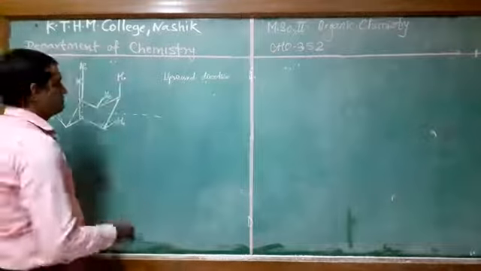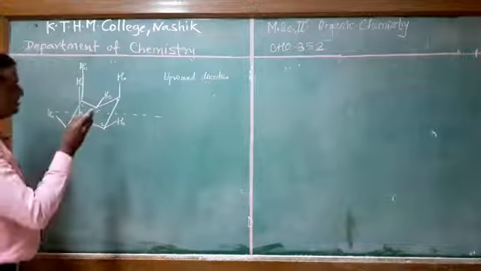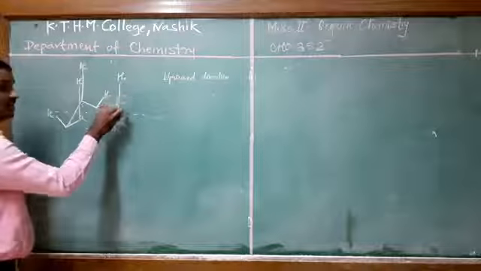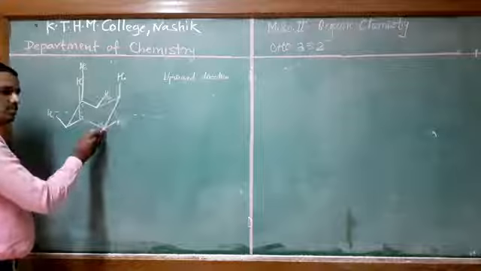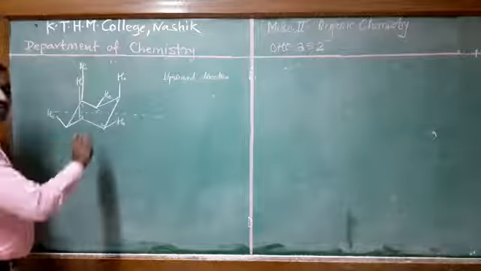So alternately, suppose carbon number 1 has an axial hydrogen in upward direction, then carbon number 2 has an equatorial hydrogen in upward direction.